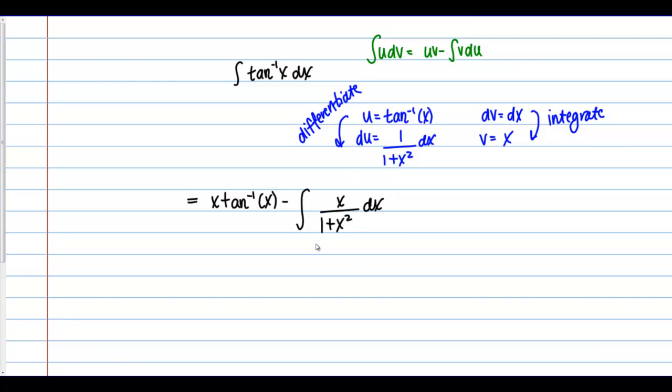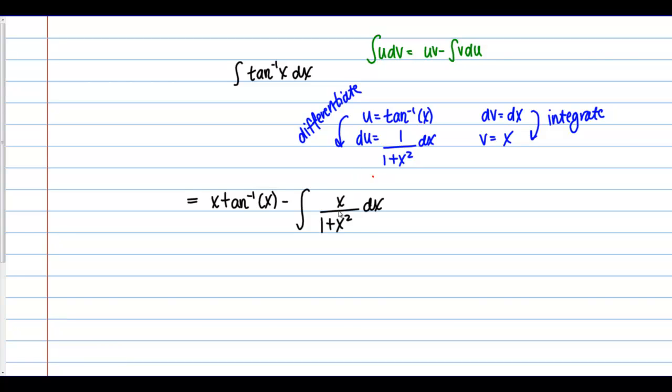Okay, so I've got this new integral now that I want to evaluate, and hopefully I can. If I've made good choices up here, then this integral should be something that I am able to evaluate. This integral looks maybe a little more complicated than the ones we've seen in past examples, but if we think critically, this is something that we can evaluate.